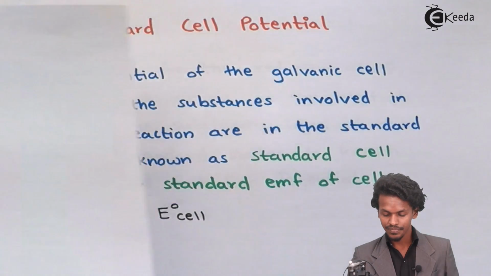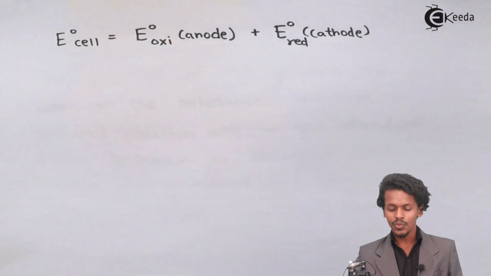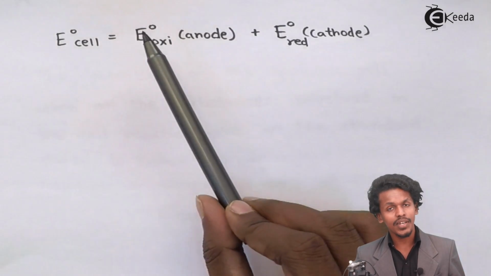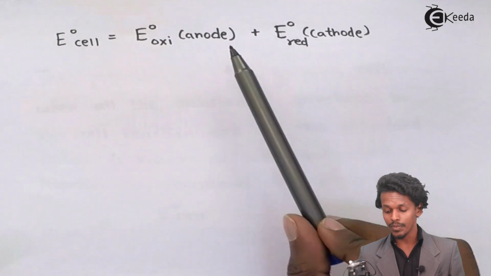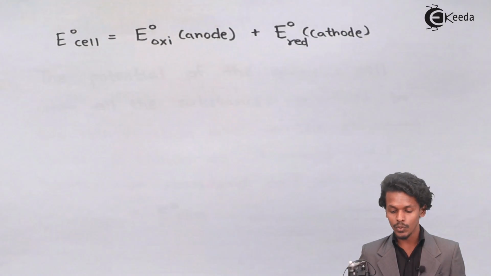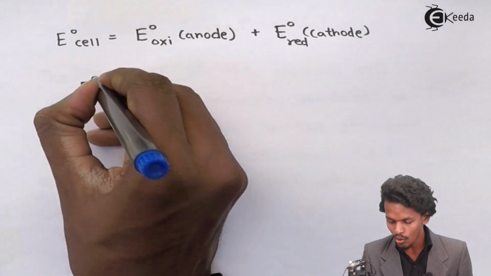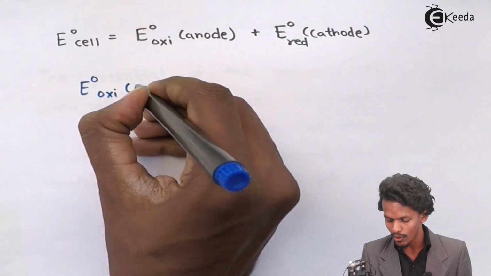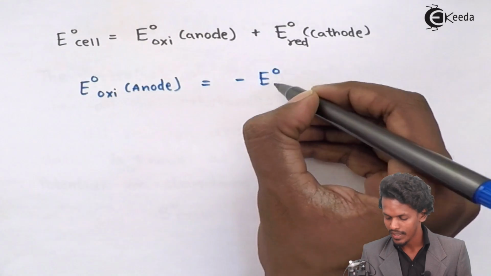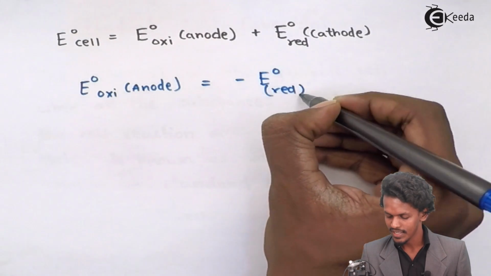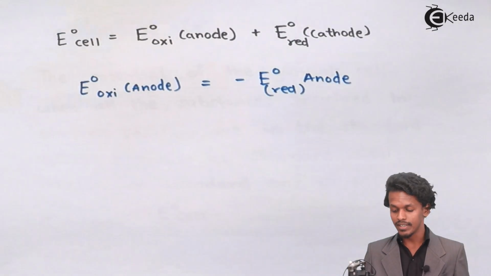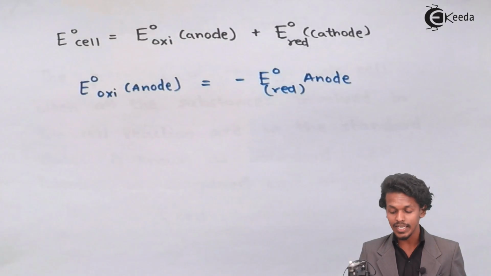So in this process, as we know, E naught cell will be the summation of the oxidation potential of anode and the reduction potential at cathode. But recently we have known that this E naught of oxidation that takes place at anode again can be written as minus E naught of reduction that takes place at anode itself. So both will be the same, but they will have a different sign.